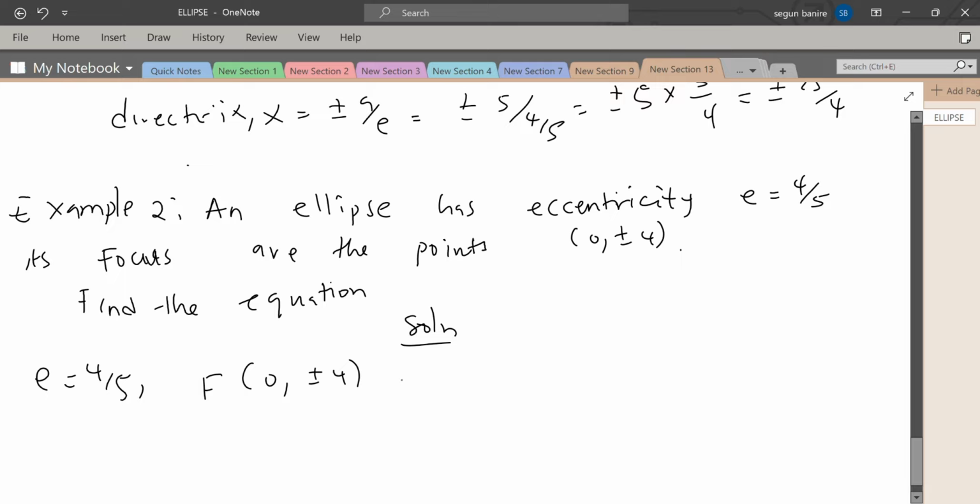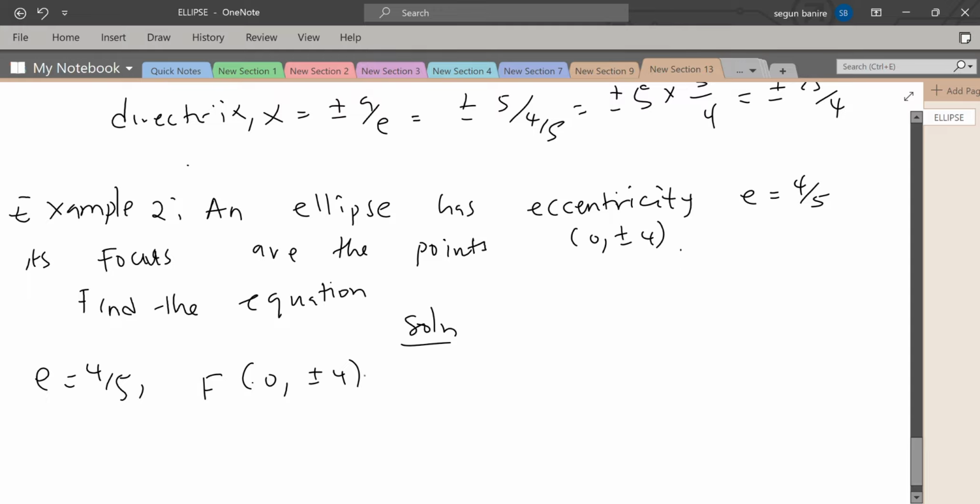So I want you to observe that this focus is on the y-axis. So it means that the major axis is on the y-axis, and the vertex is at the origin.